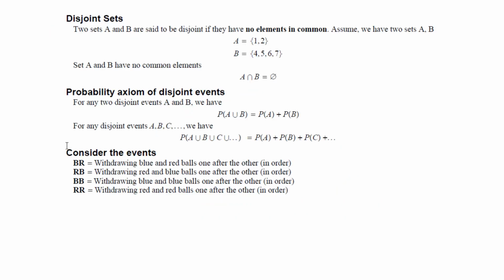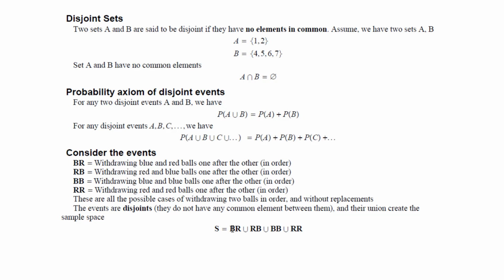So going back to the same problem, considering the elementary events, these events are all disjoint from each other, and their union is going to be equal to the sample space itself. We are going to prove that later on.